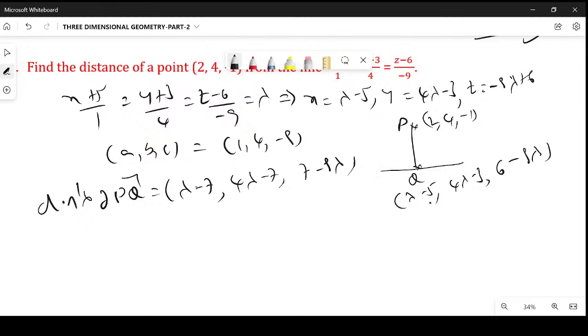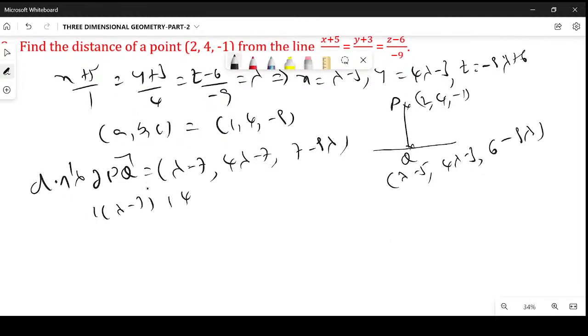But PQ is perpendicular to the given line. So given a DR, I can simplify now. I can write 1 into lambda minus 7 plus 4 into 4 lambda minus 7, because this line is perpendicular to the given line, plus minus 9 into 7 minus 9 lambda equal to 0.